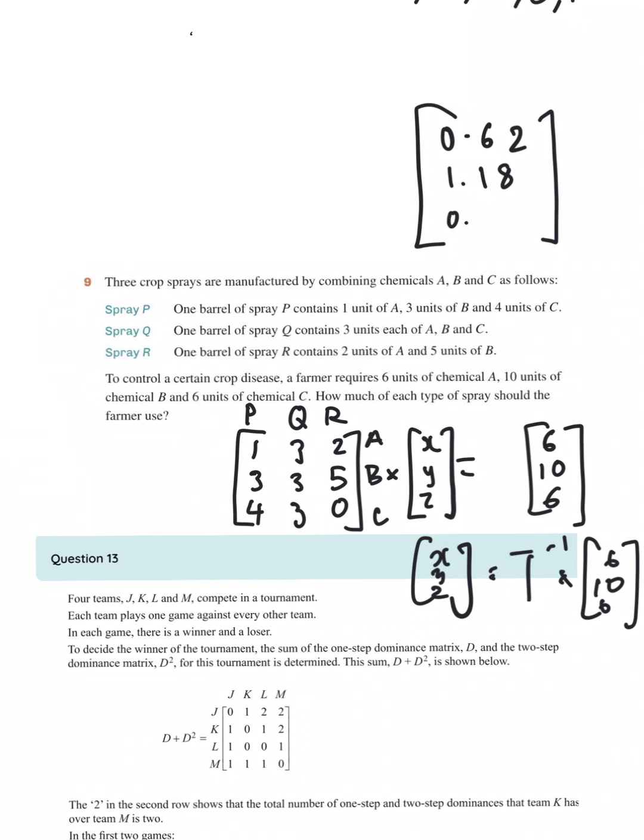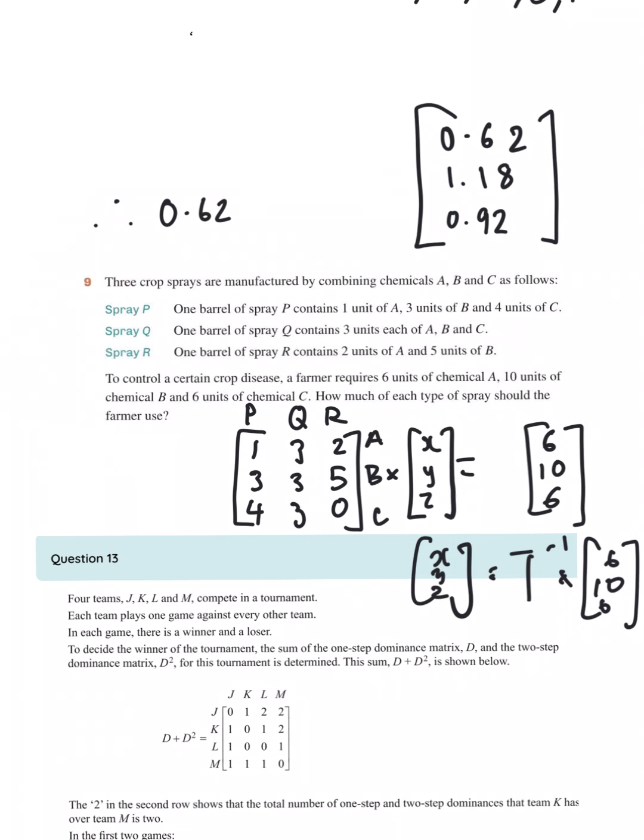And 0.92 also rounded for C. Okay, and then it'll just be making that statement. Therefore, how much of each spray?